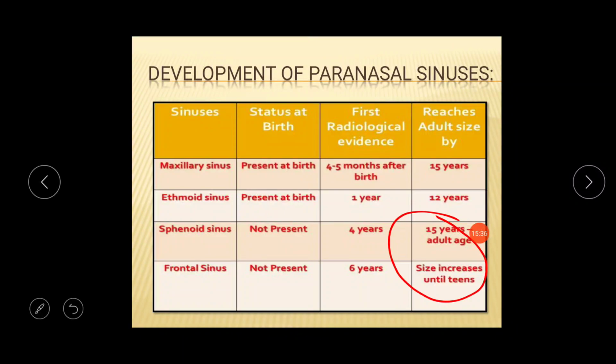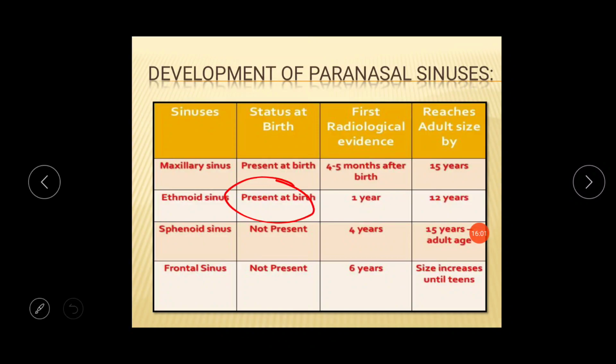The maxillary sinus grows after that, with radiological evidence, meaning it can be seen on CT scan or X-ray of the paranasal sinuses, at the age of 4 to 5 months after birth, and usually reaches adult size at 15 years.